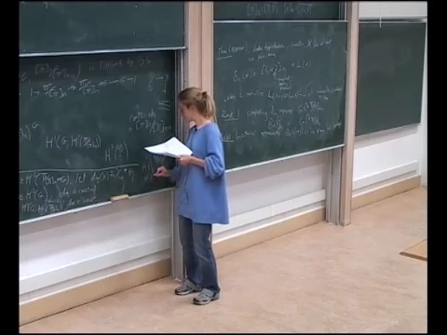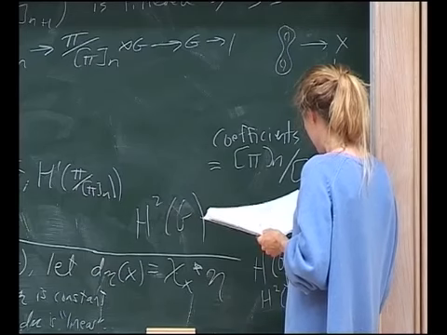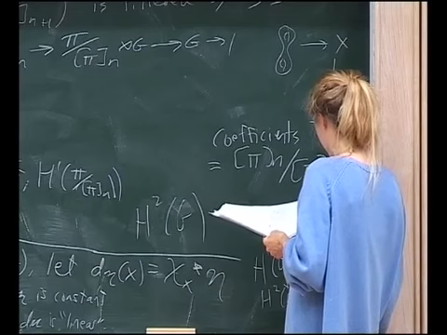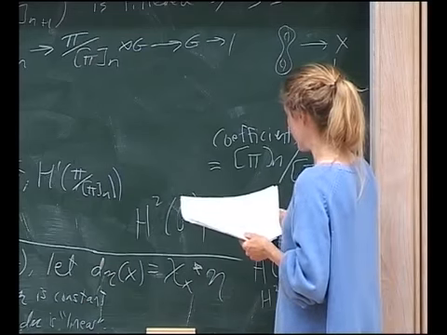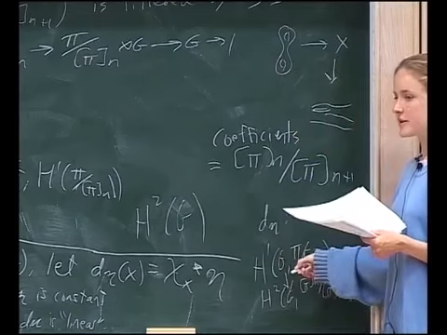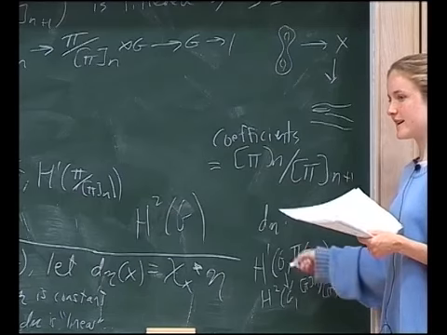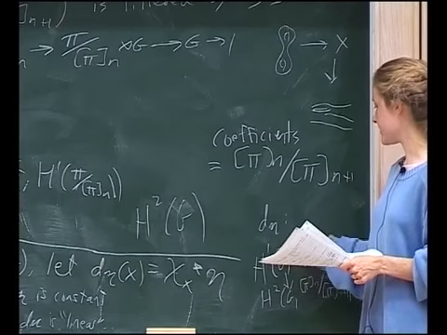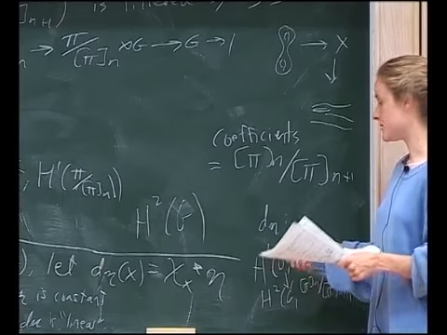So this obstruction goes from H1 G pi pi n to H2 G pi n plus 1. And this is what d eta is.